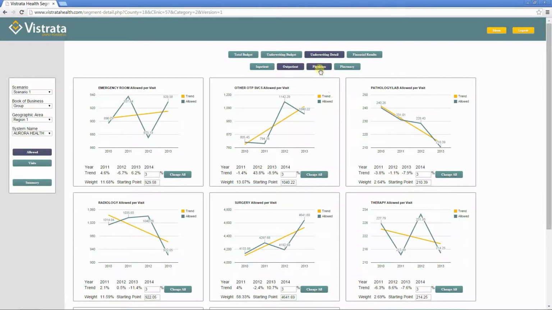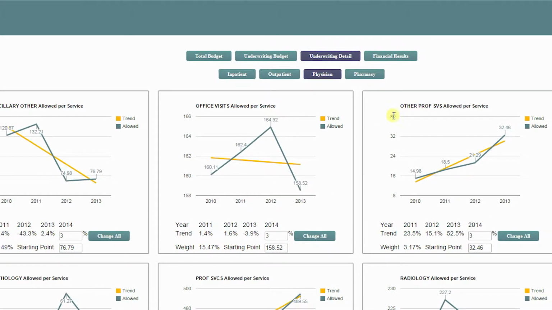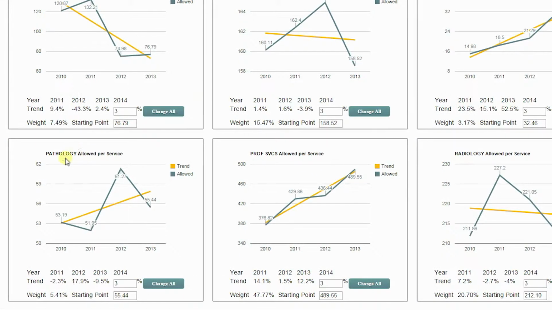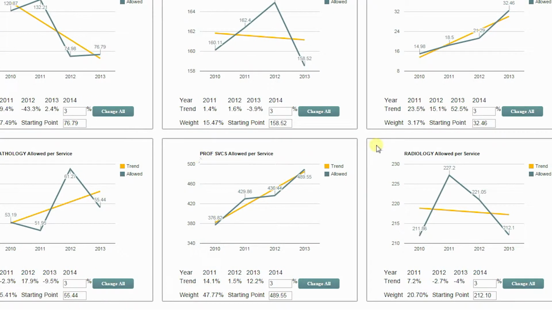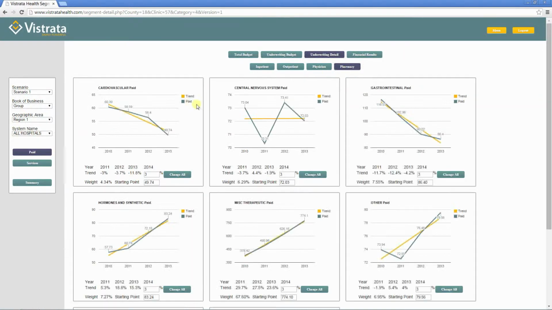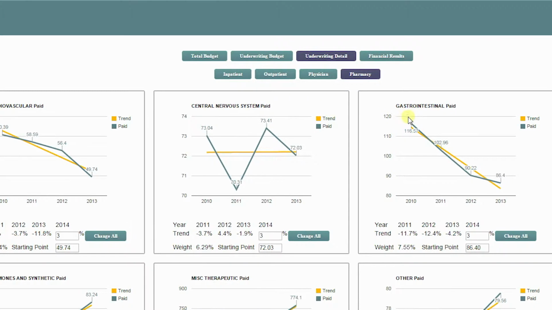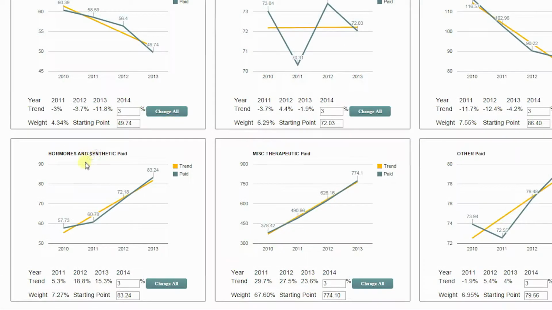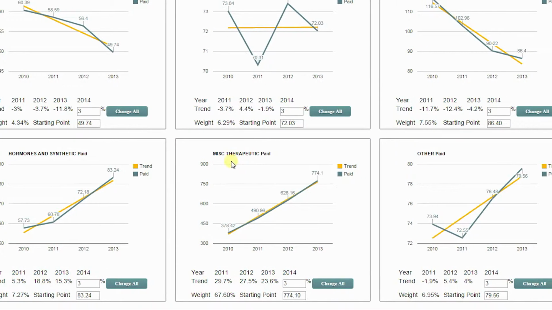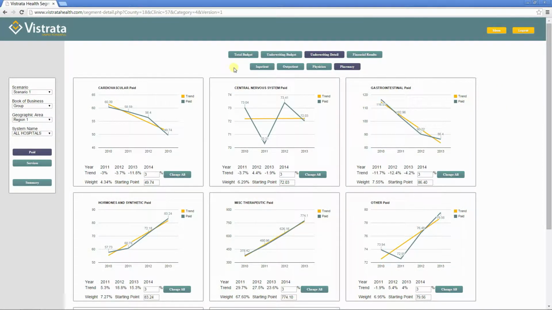The physician category includes ancillary other, office visits, other professional services, pathology, professional services, and radiology. And finally, the pharmacy category includes cardiovascular, central nervous system, gastrointestinal, hormones and synthetics, miscellaneous therapeutic, and other. As you see, having information grouped in this manner allows you to see which medical conditions drive costs.